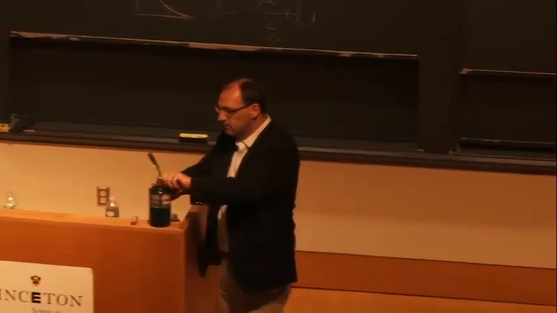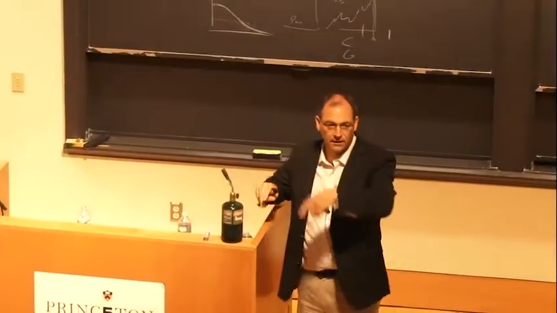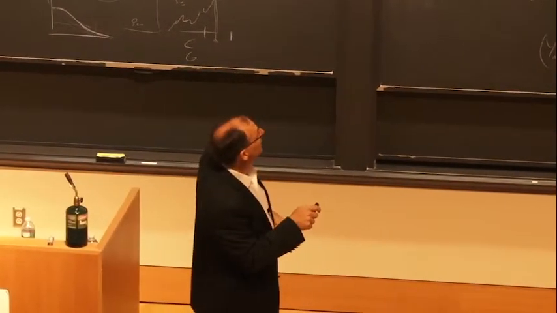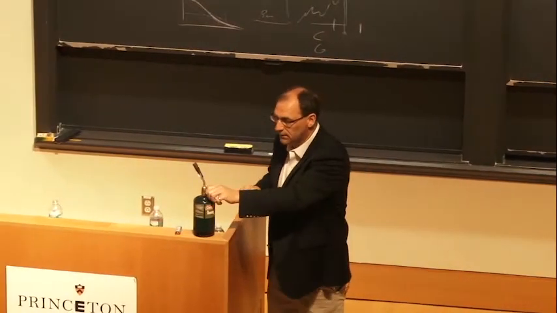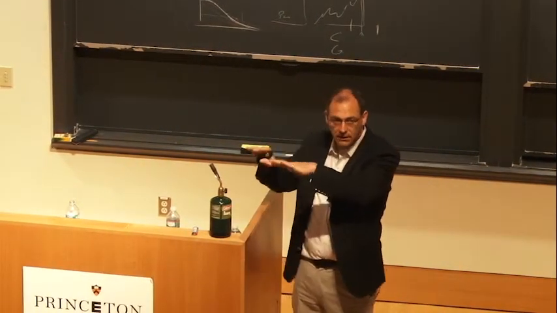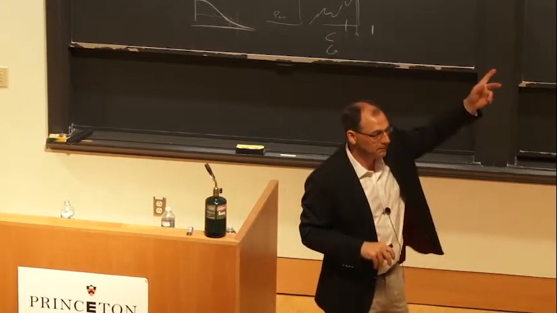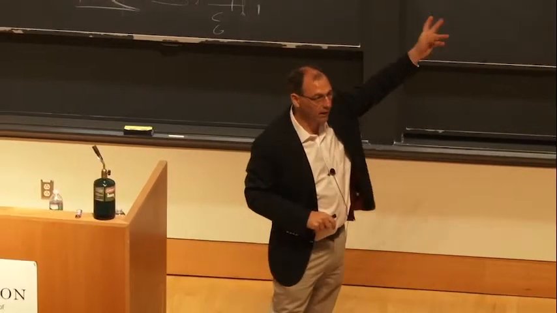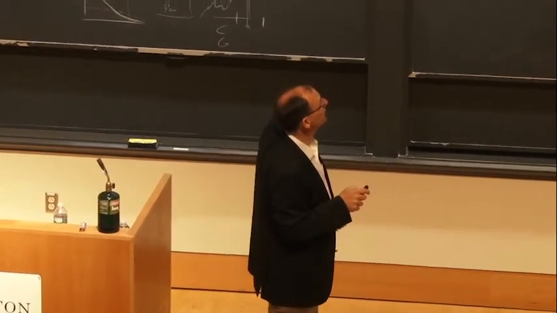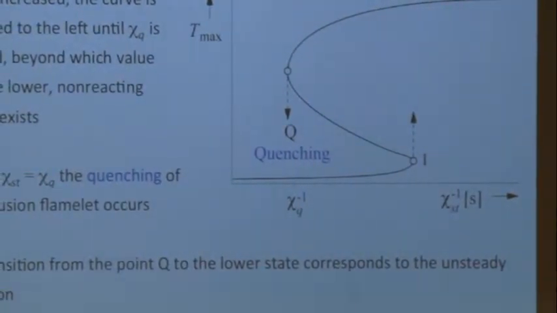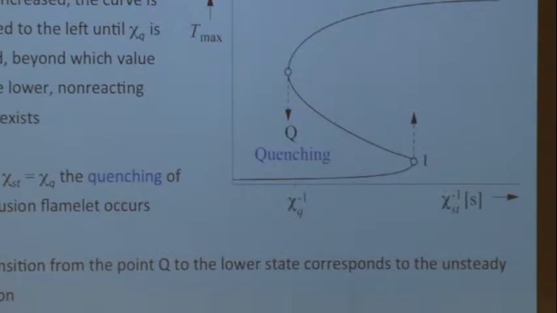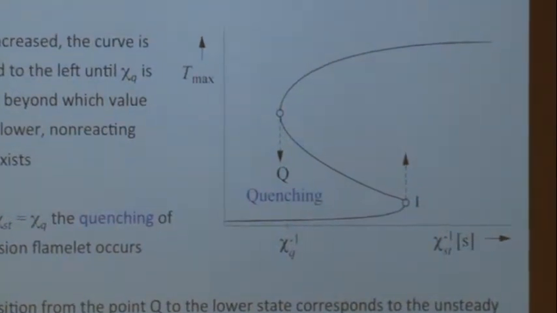So I do this, and we can wait until the gradients get small enough that it ignites. I turn this off now, and the gradients get smaller and smaller. It doesn't ignite. Why? Because this point here is 10 to the minus 15 or whatever. This is very, very small, and then the ignition delay would also be very, very long. So this doesn't ignite.